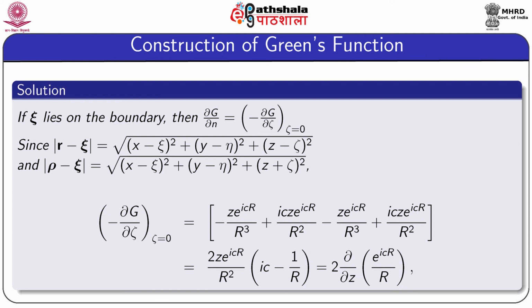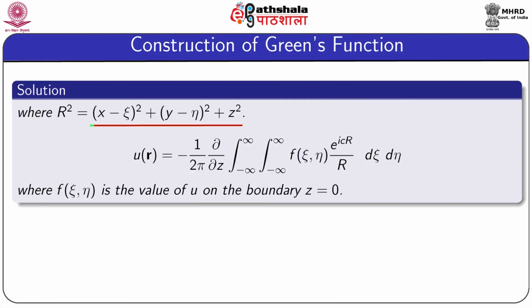It is very easy to compute, and after simplification you can get the value of this expression as 2 into del del z of e to the power ic R by capital R, where we have assumed capital R square as x minus xi square plus y minus eta square plus z square.